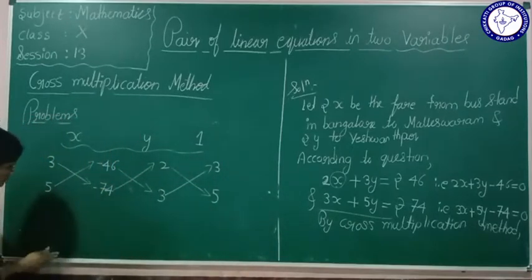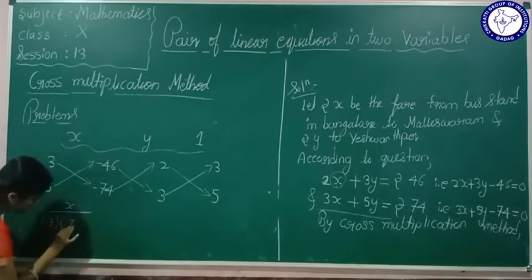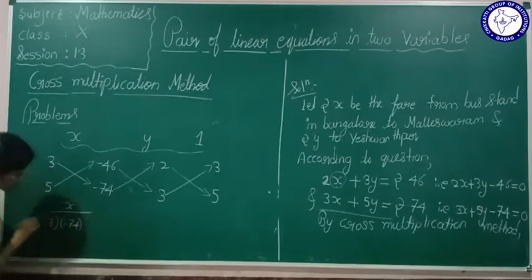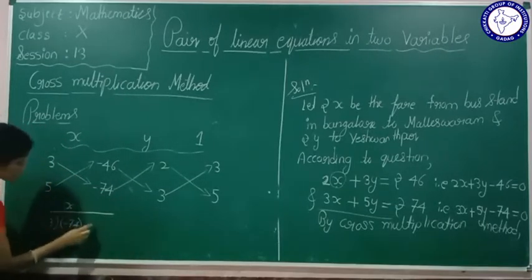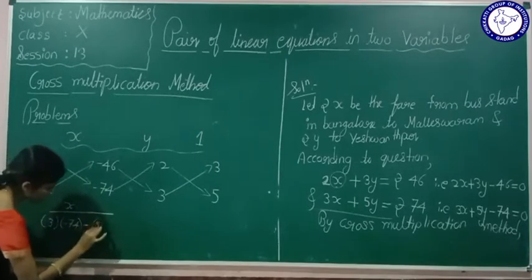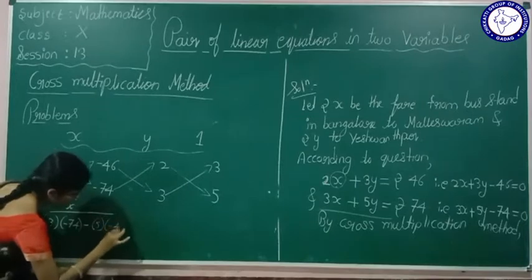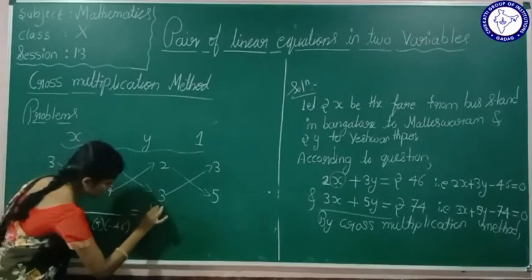Now see, this implies x is equal to, see here, 3 multiplied by minus 74. Okay. So this result we have to subtract with this product, 5 multiplied by minus 46, is equal to y.